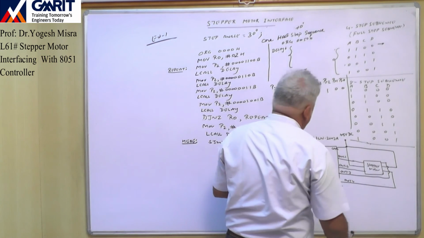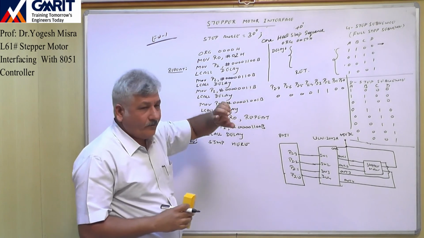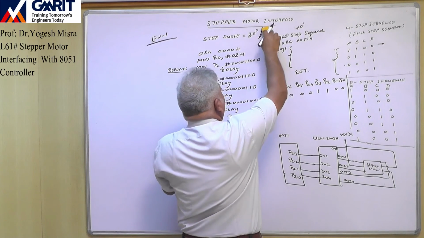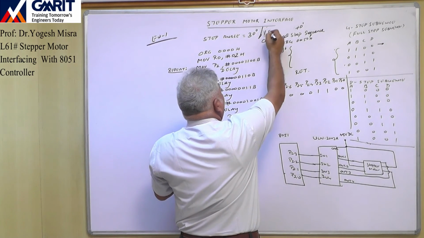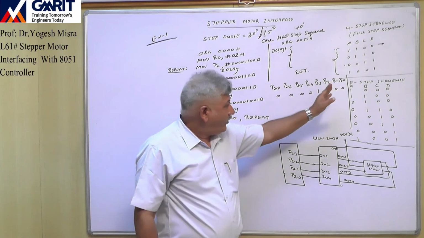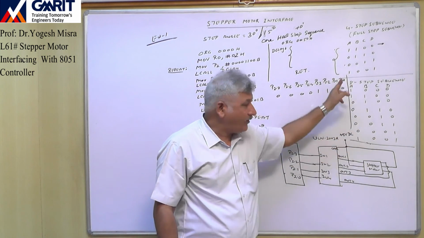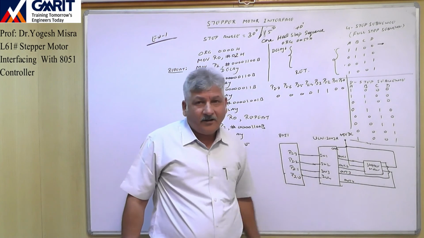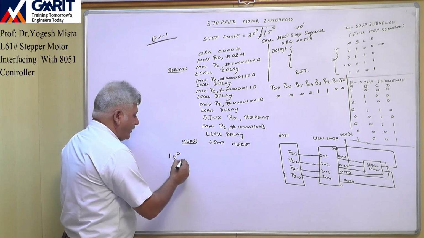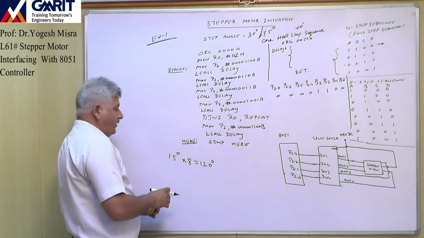half-step sequence. Now in case of half-step sequence, the step angle will become half, that is 15 degree, right? So if we give one full half-step sequence, all the 8 steps, then the motor will rotate 15 degree multiplied by 8, equal to 120 degree, right?